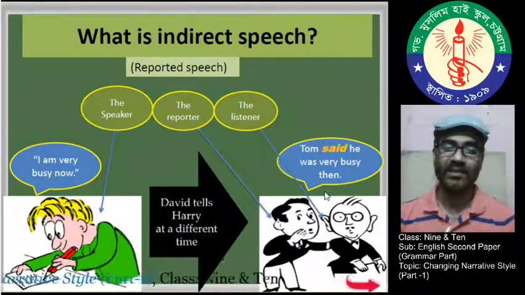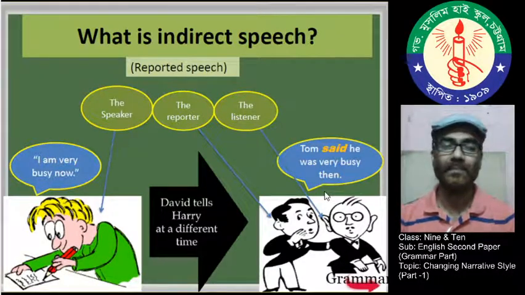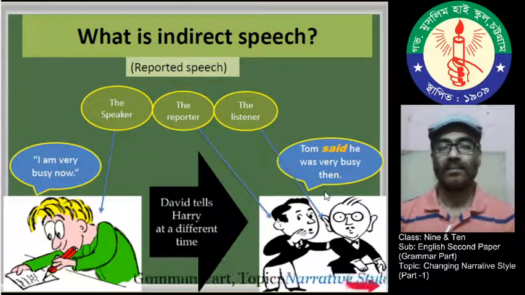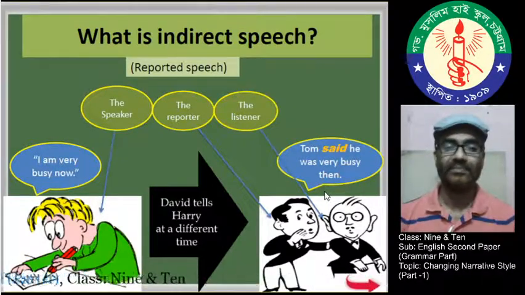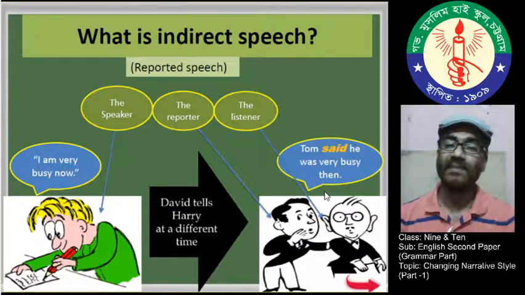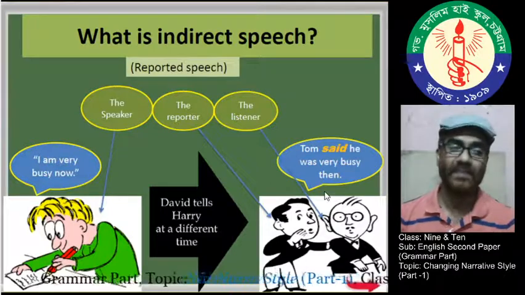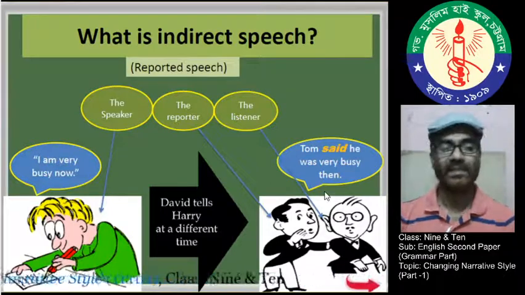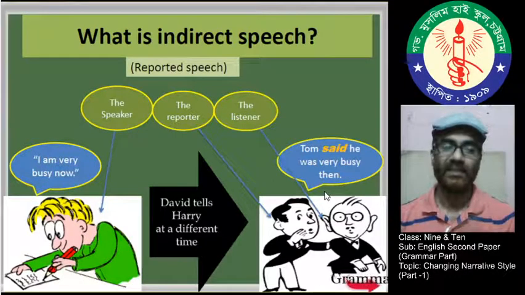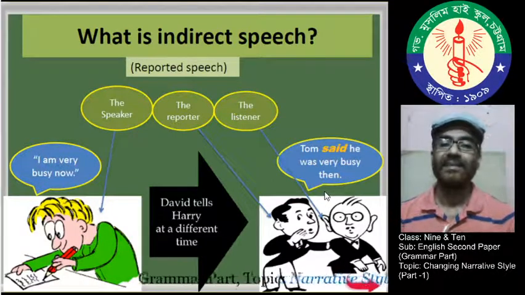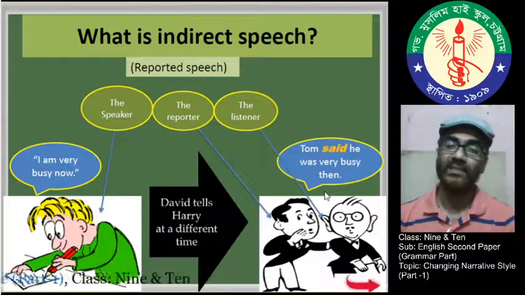So the reporter or narrator is David and the listener is Harry as before. David tells Harry, Tom said he was very busy then. Tom, the speaker, says, "I am very busy now." And David, that means the narrator, tells Harry, Tom said he was very busy then.